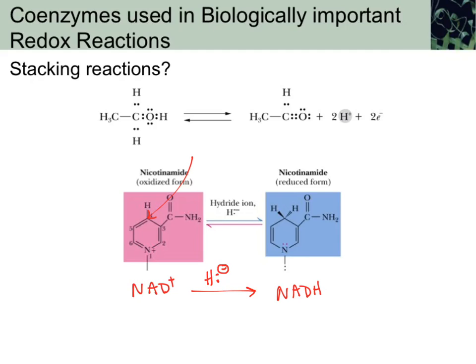Where is it coming from? Obviously from that alcohol reaction. What we're looking at is that reaction above. We're coupling these two reactions so that they can occur. Okay? NAD plus to NADH, to get that to occur, we're adding, for all intents and purposes, 2 electrons.